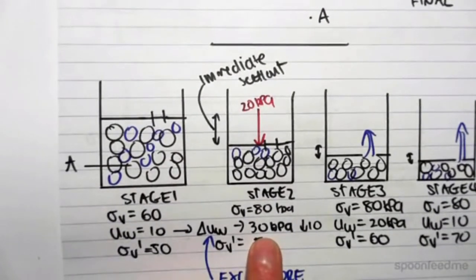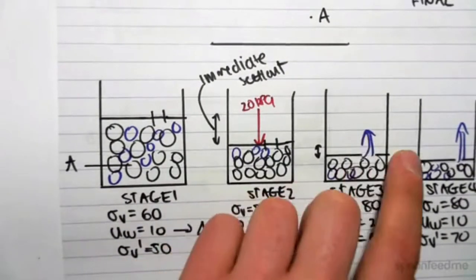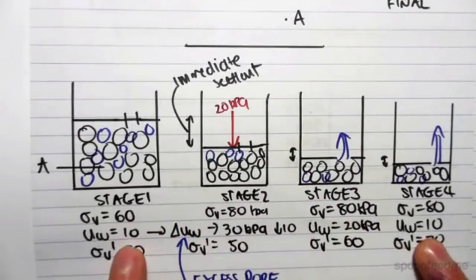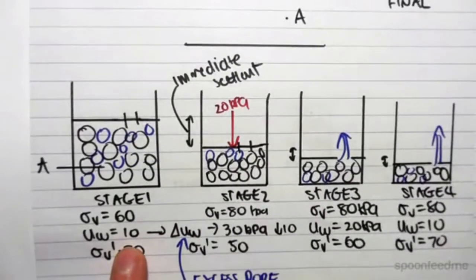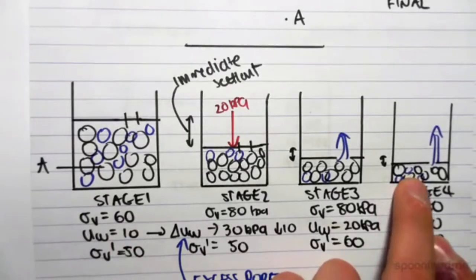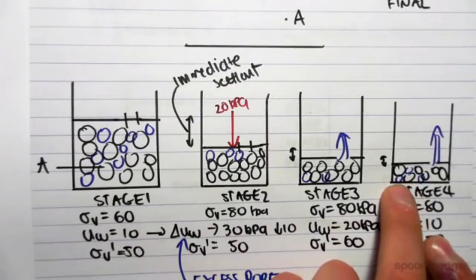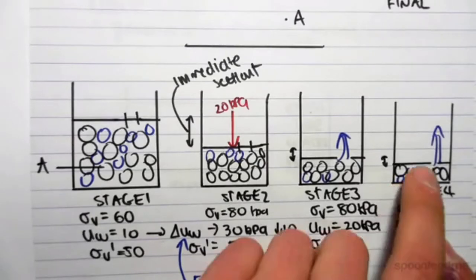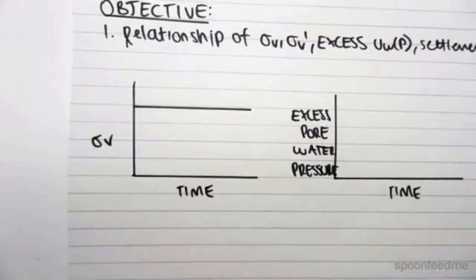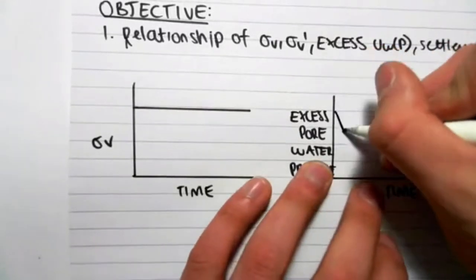We had it at 30 kPa, which then reduces as the water is allowed to escape, and it takes us back to our initial pore water pressure we had at the beginning. So the excess pore water pressure goes to zero. So we still have a pore water pressure in the system, but the excess pore water pressure has gone to zero as all the excess pore water pressure has escaped. So if we were to graph this diagram, it would look something like this.